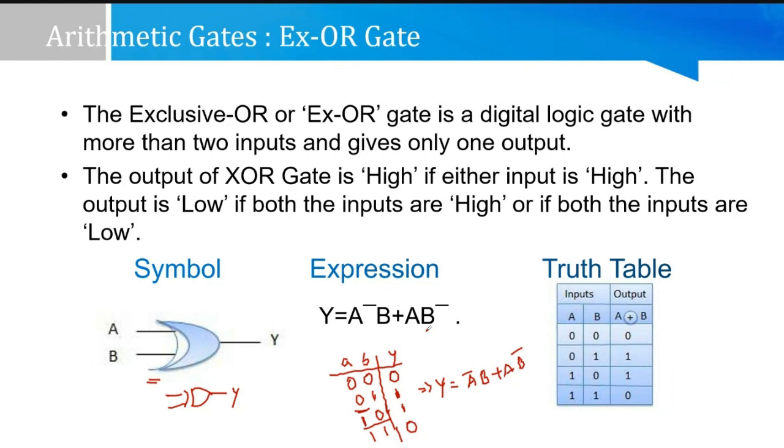Suppose consider that you are sending the data as A, it means that you should receive it as A, right? Whatever you are sending, whatever you have received, both should be the same. So in this case, you should not get any error, because whatever you have sent, you have received.